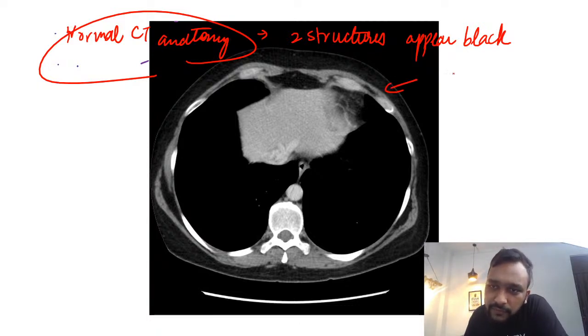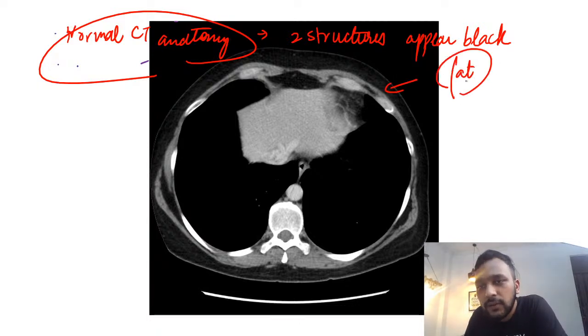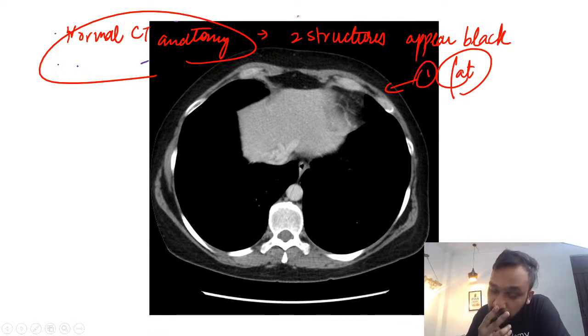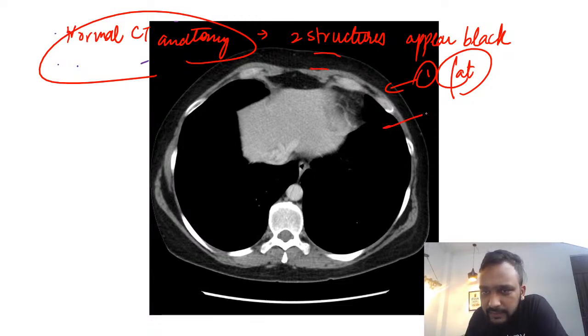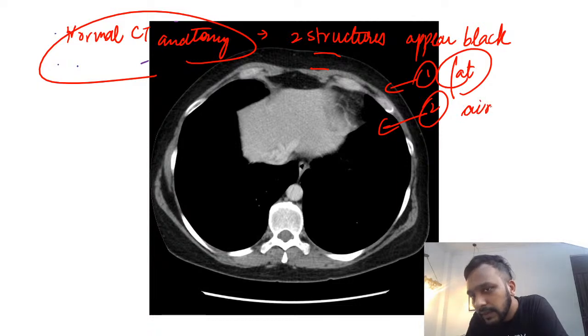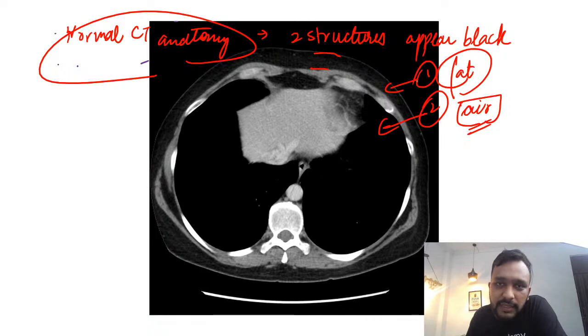These are your fat: if you have a look at this image, you will see that the subcutaneous fat in this CT abdomen image is appearing black. And the second structure which appears black on the CT image is your air. So these are the two structures which are going to appear black.